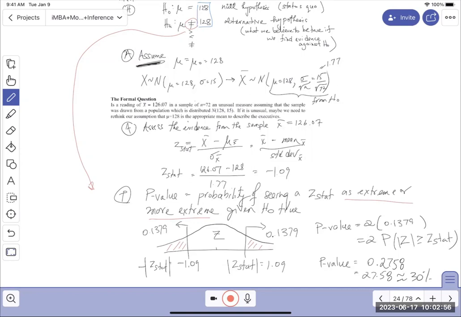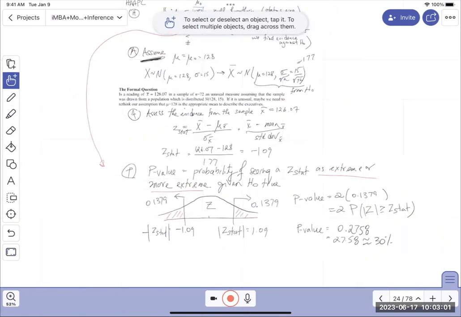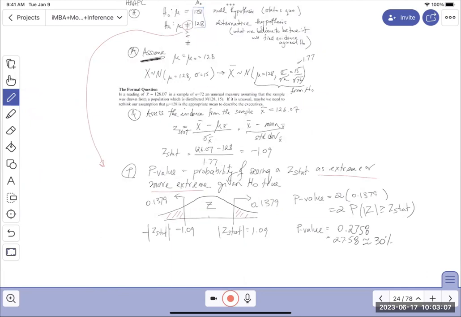Is that unusual then, that we saw it? Is a 30% chance of seeing it strange? So how do we assess that? In the last step, the concluding step, we put it all together.